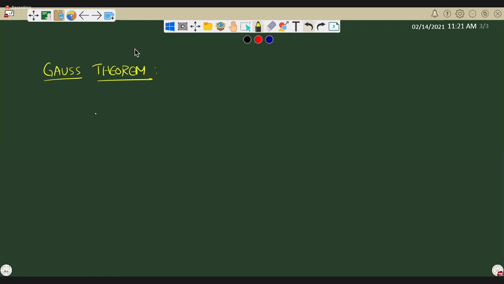So right now we will apply this Gauss theorem in gravitation as well, and try to get the gravitational field formula using it. This is not in your PU syllabus, but I'm telling you because it will be very easy.